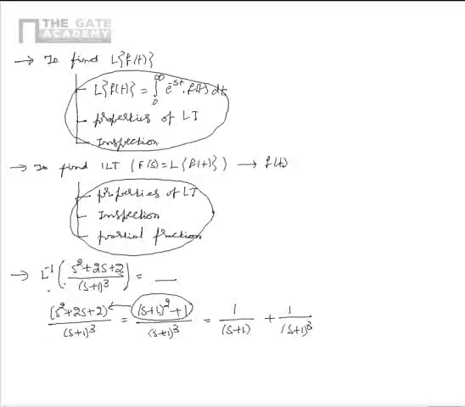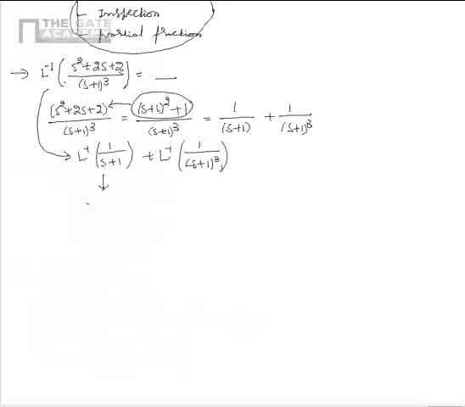So from this we can say that the L inverse of (s square plus 2s plus 2) divided by (s plus 1) whole cube can be written as L inverse of 1 by (s plus 1) plus L inverse of 1 by (s plus 1) whole cube. We know that L inverse of 1 by (s plus 1) is e power minus t into u of t.